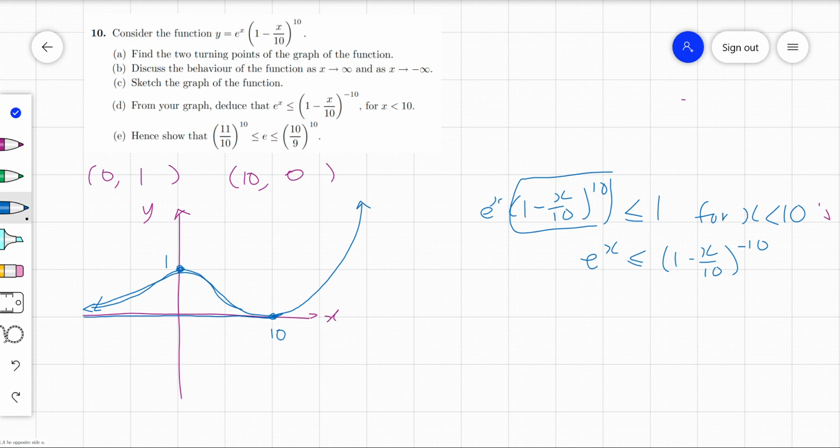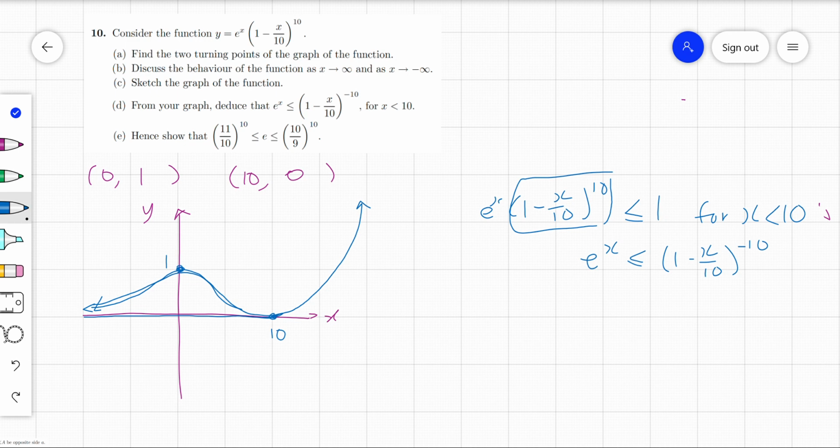Well, it has to be positive. And we know that 1 minus x on 10, where x is always less than 10, is going to stay positive. Also, it's to the power of 10, so it's got to be positive. Okay, so it's all okay to do that.